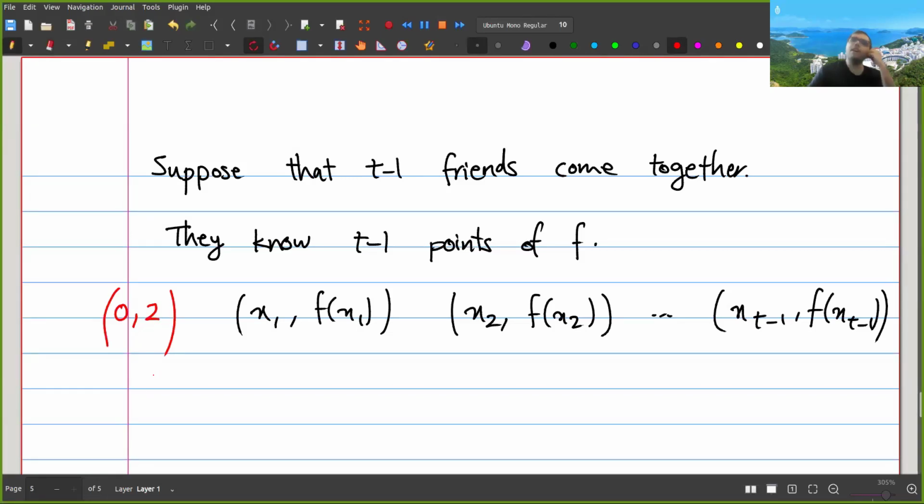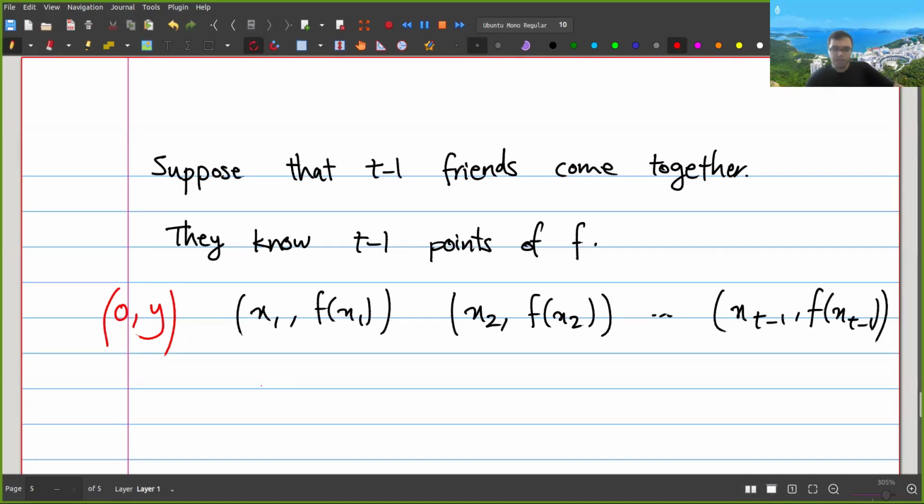So basically, they're finding no information about my secret, because no matter what I put here, so let's say I put any value, y, there is a polynomial that goes through this point and also through all of the t minus 1 points that these friends know. So from the point of view of these friends, not only they cannot find my secret, they cannot even rule out one of the possibilities. Like, everything is still possible.